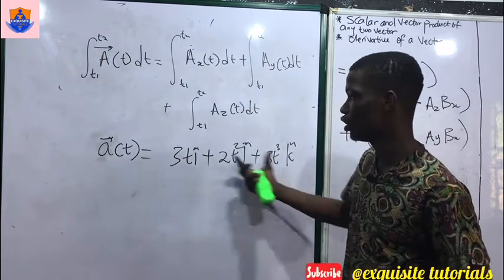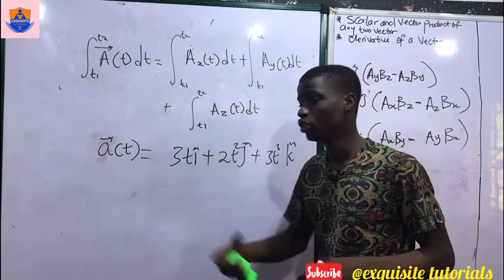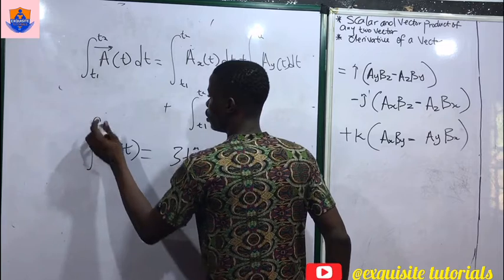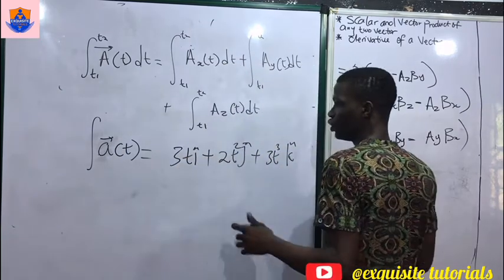The acceleration is already given, and we're told to get the velocity. You have to now integrate this. So if I have to integrate the whole of this, how do we do it?